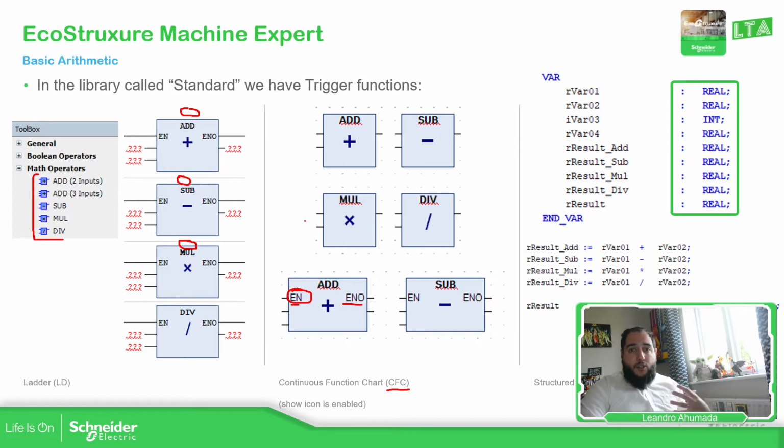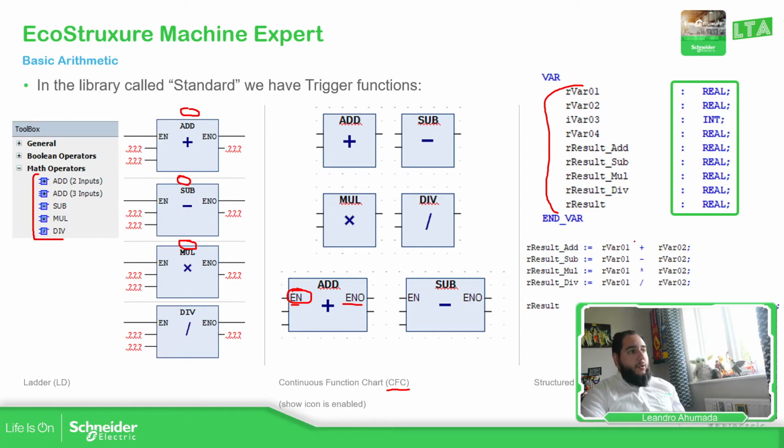My recommendation here, if you're using arithmetic or you want to make a calculation, is to use structured text, so you can easily define all the variables that you have. This is just an example of how you can define different variables. It can be done in the same POU, or you can have them in the GVL, and then remember to use the name of the GVL dot variable.